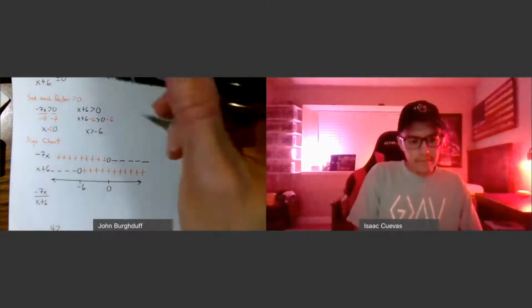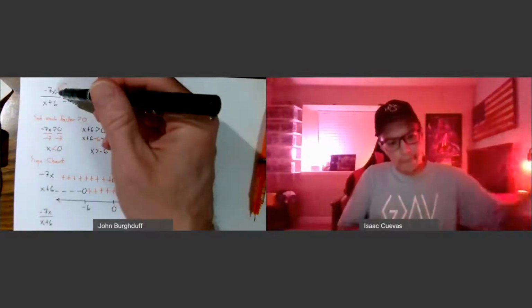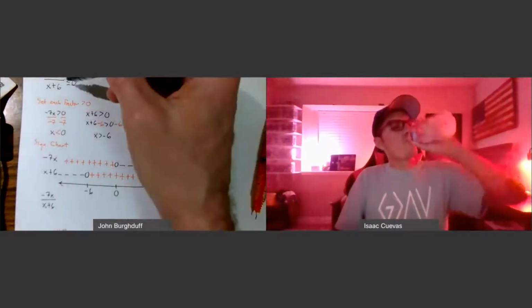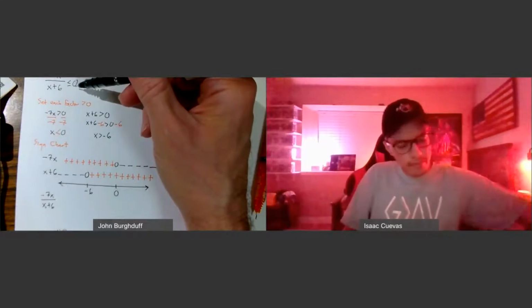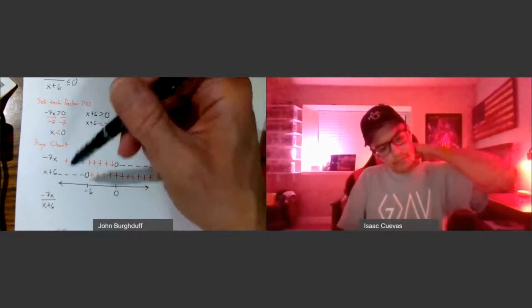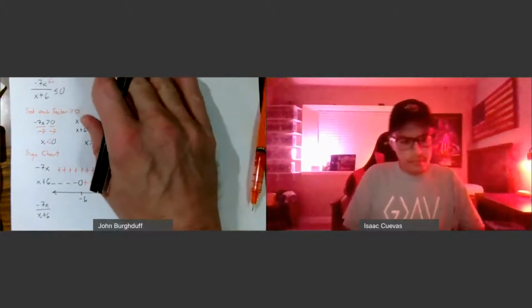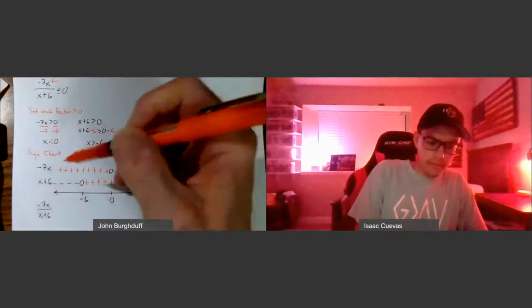So the actual thing that we care about is this entire fraction, negative 7x over x plus 6. And we really want it to be less than or equal to 0. Less than or equal to 0 means negative. So we're looking for the values of x that make this fraction negative. But here's what you can do.